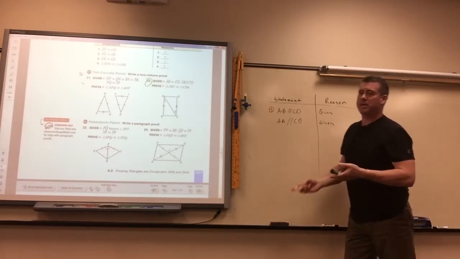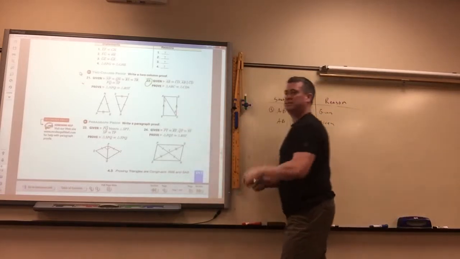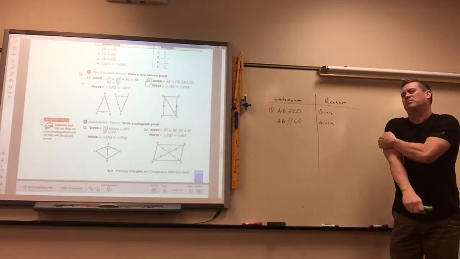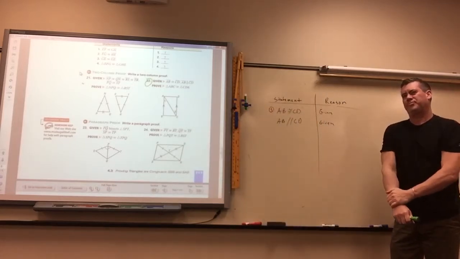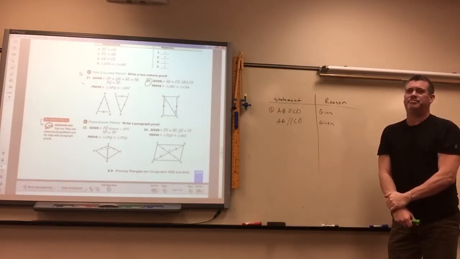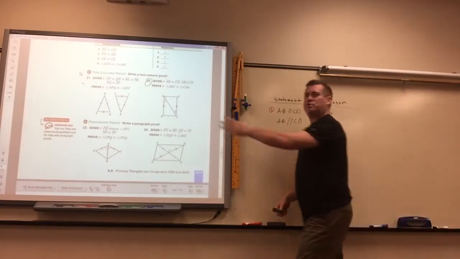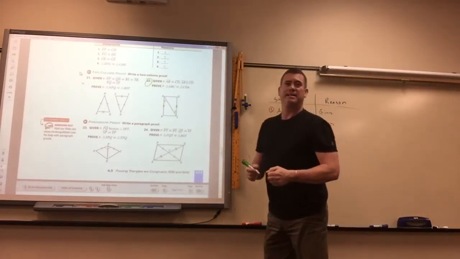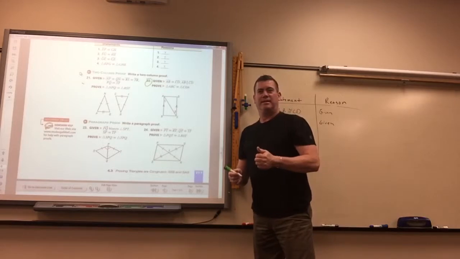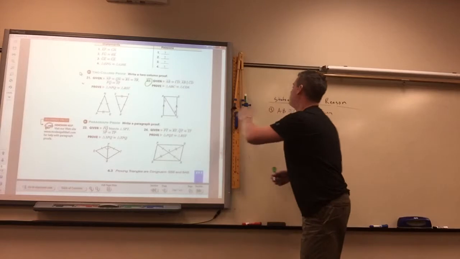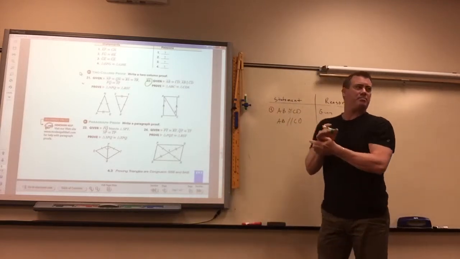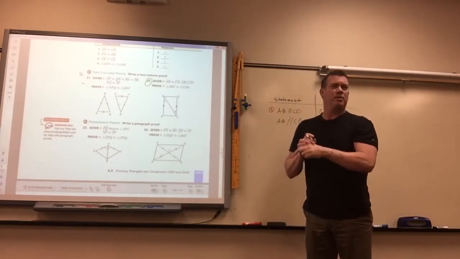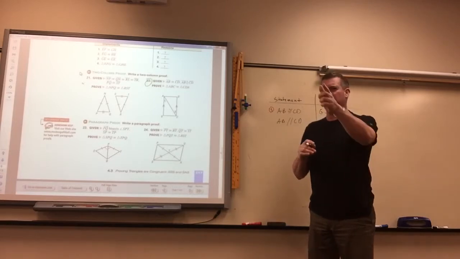Now, just looking at this picture, what do you know is true? Can we get multiple different things? Yep. So, what do you know is true just by looking at the picture? Parallel lines, yeah, that's given to us though. But just by looking at the picture, this is something you got to spot.